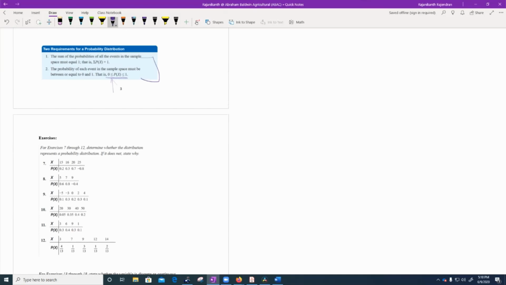Remember, look at the second condition. All the probability values should be 0 to 1. They cannot be negative. But I see here one negative answer. Therefore, this is not a correct probability. In other words, probability cannot be negative, right? Therefore, the second condition is not satisfied, so this is not a probability distribution table.